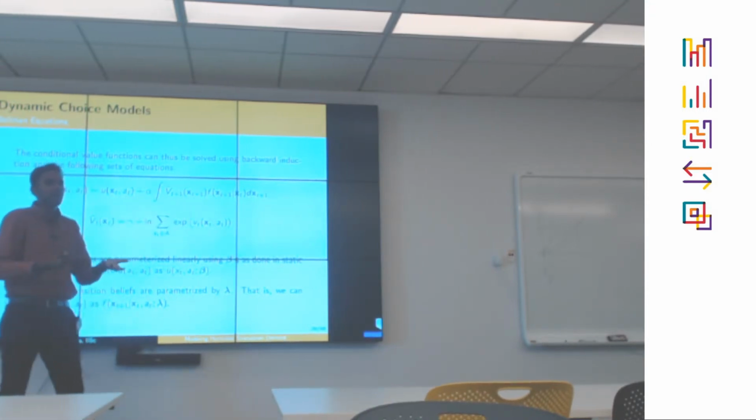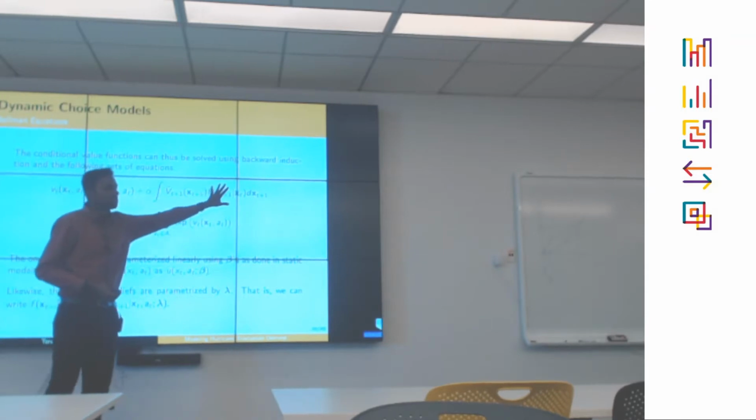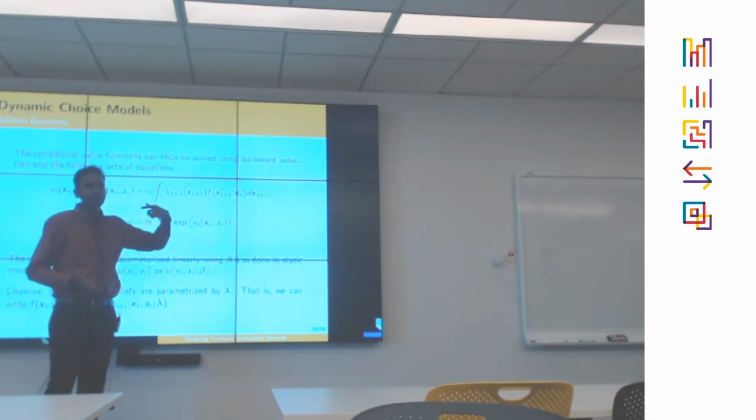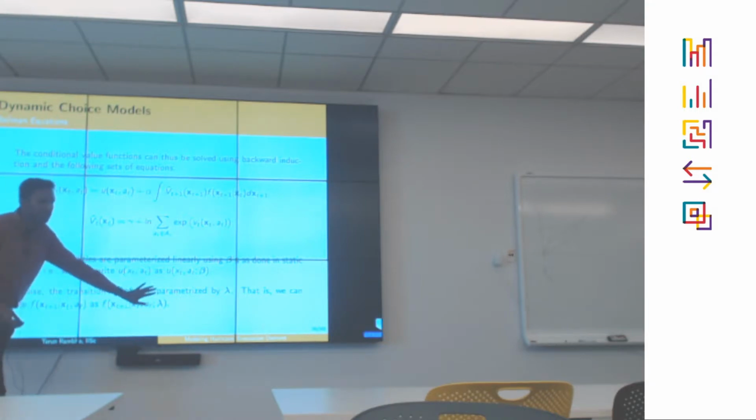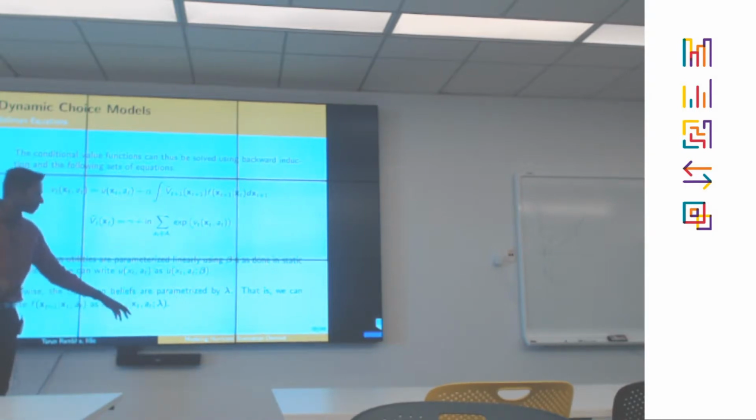Now this will happen with a certain probability, but what's going on in the individual's mind is not very clear to the analyst. So the analyst can assume that this particular probability transition function is also parameterized with some set of parameters which are simple to represent. It's some sort of a lower dimensional object, and all of them put together, we'll call the vector of parameters lambda. So all the betas, the discount factor, the belief system, for brevity, we'll just call them one single vector lambda.